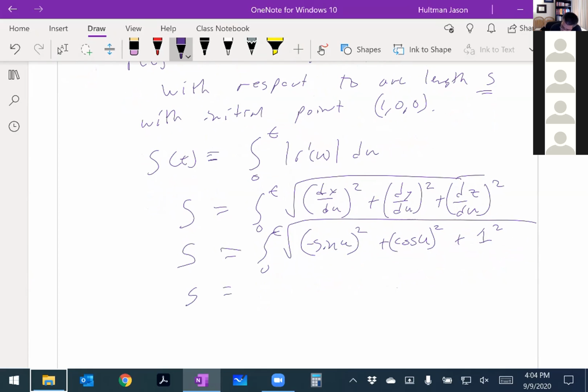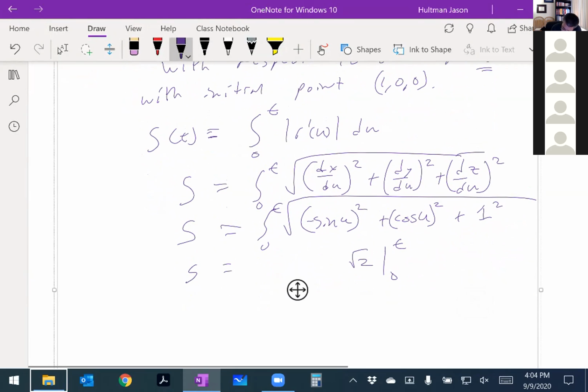This is radical 2, evaluated from 0 to t. So we know that s, the arc length, is equal to radical 2 t, or t radical 2.